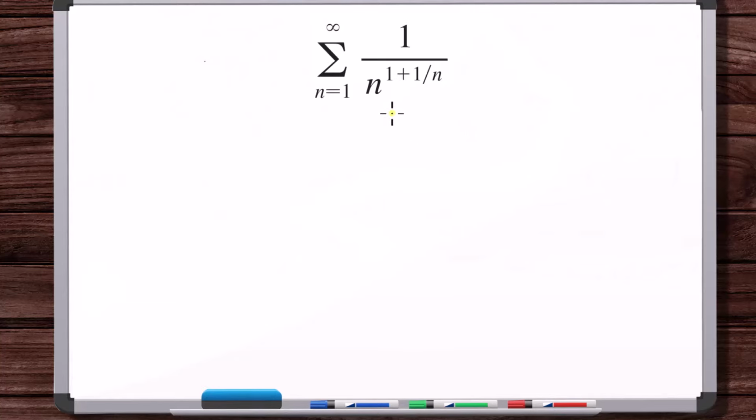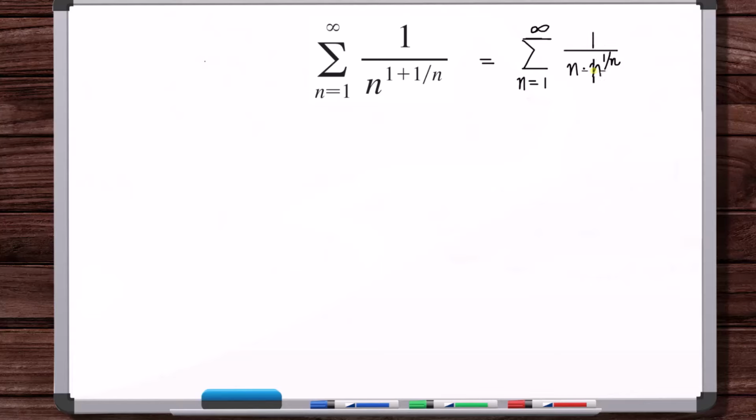Okay, looking at this, I see that we could separate this into n to the first times n to the 1 over n. So maybe the ratio test, or maybe a comparison test, because that's, yeah, let's do that. So we can write this as n times n to the 1 over n, right?